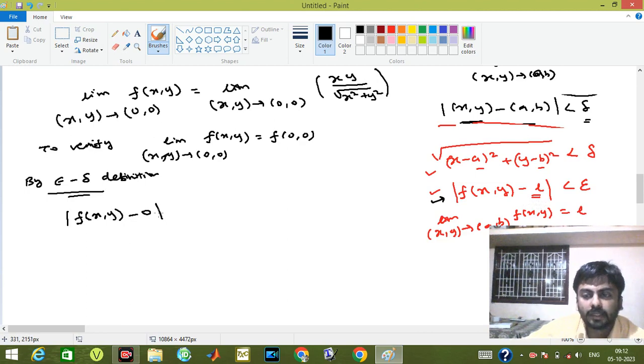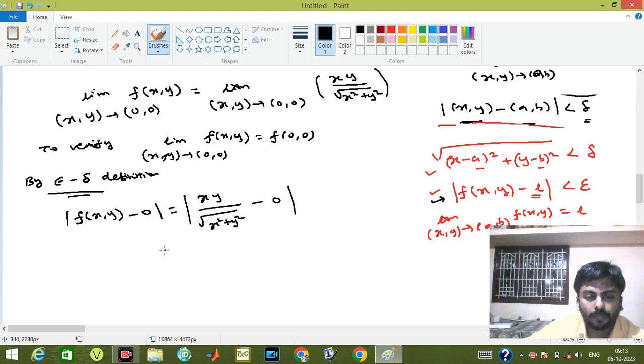So the modulus of f(x, y) minus 0 equals, when you put it like this, the modulus of xy divided by x square plus y square, minus 0.